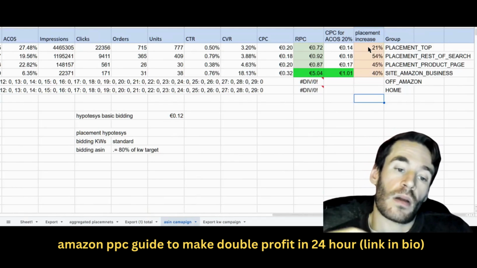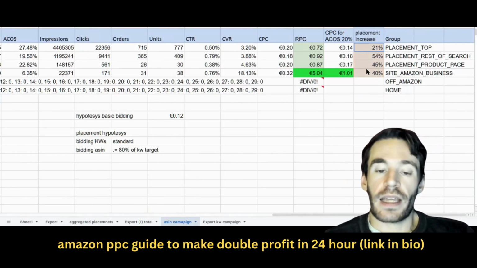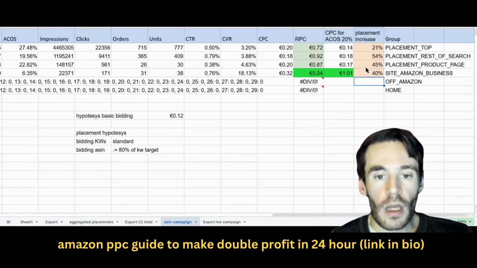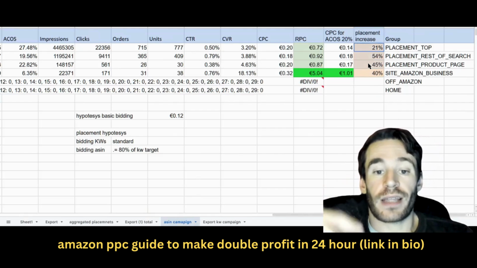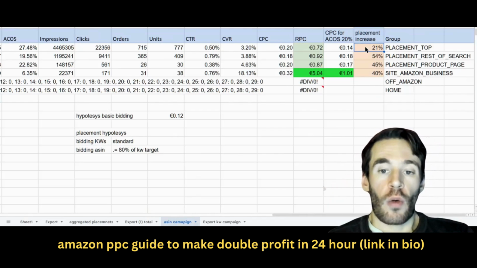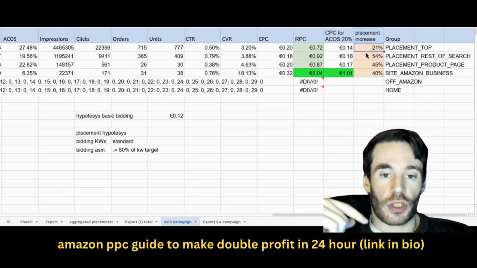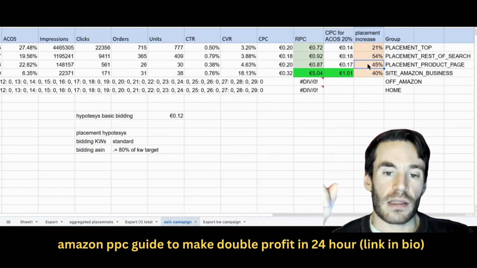Another point I want to be clear: placement can be much higher or much lower. What you care about is the increase distribution. So you need to see the total. The total of placement here is 120%. And the placement distribution is: you have 1/6 of the placement increase in top of search, half of the placement increase in rest of search, and then half, but a bit less, of the placement distribution in product pages.